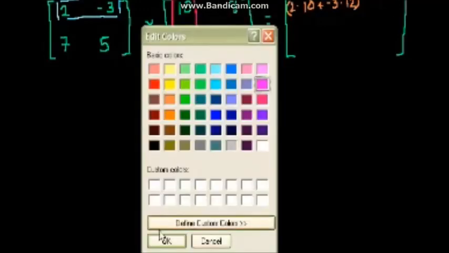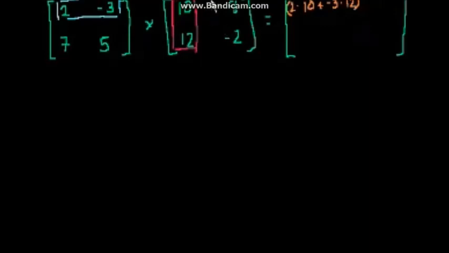And so what's this second term over here? Well, we're still in the first row of the product, but now we're in the second column, and we get our column information from here. So let me pick a good color. So this is going to be 2 times minus 8.